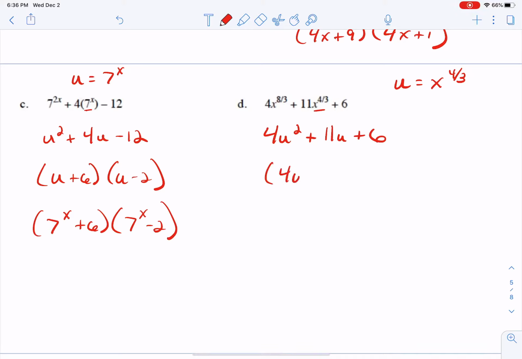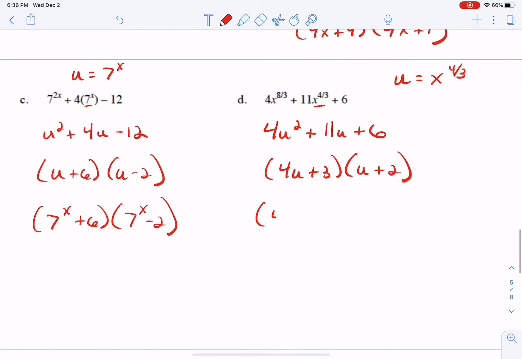Factoring that to be 4u plus 3 times u plus 2. And then substituting back in for the u, I have 4x to the 4/3 power plus 3 and x to the 4/3 power plus 2.